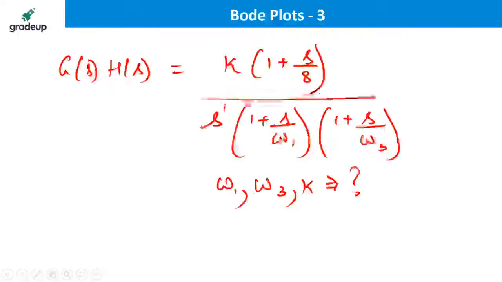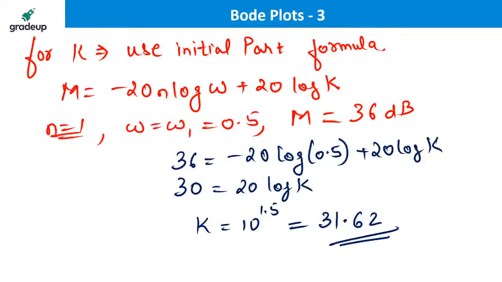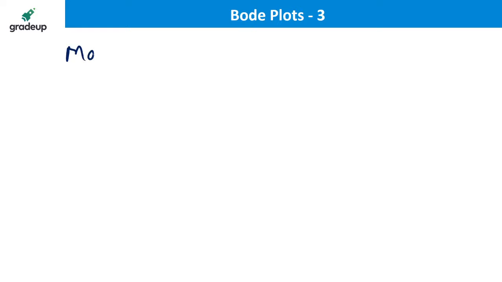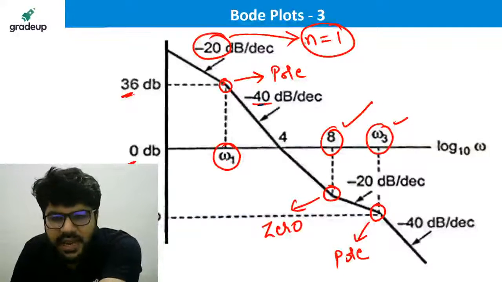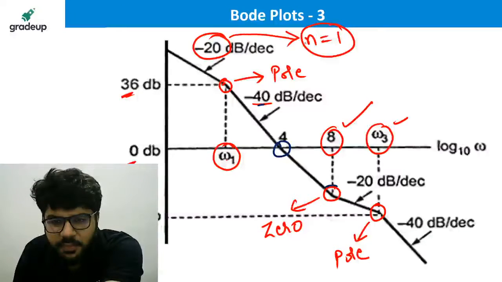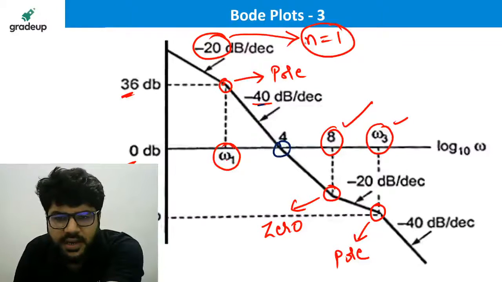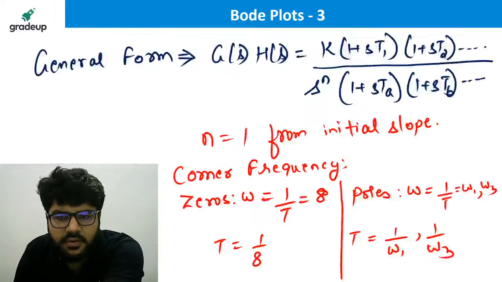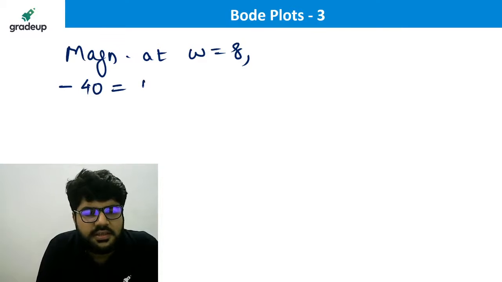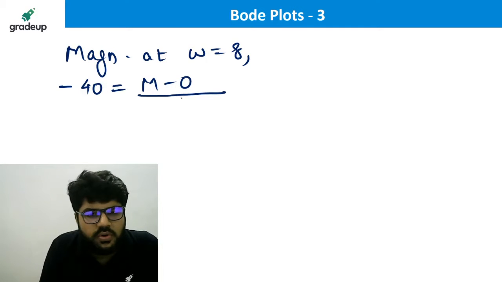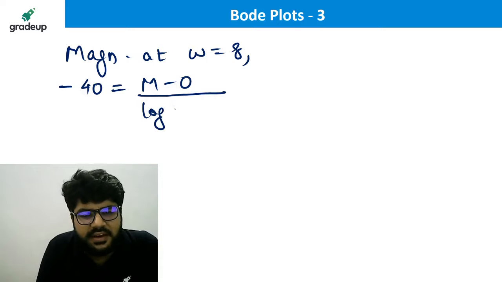Now I am finding the magnitude at omega equal to 8 again by the slope method. Which slope? Minus 40. Use these 2 points, the 4 and 8 points. The slope minus 40 is equal to m2 minus m1 divided by log of 8 minus log of 4.